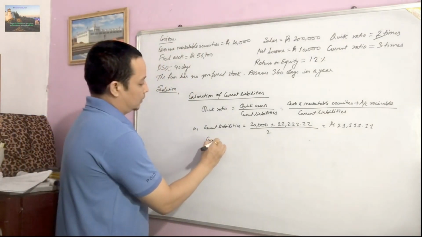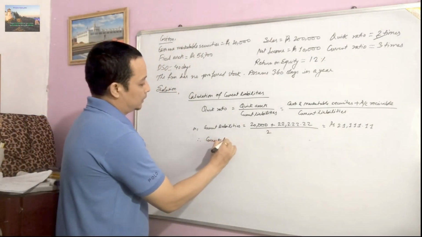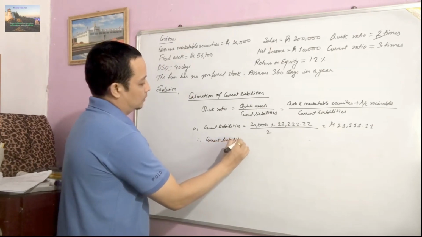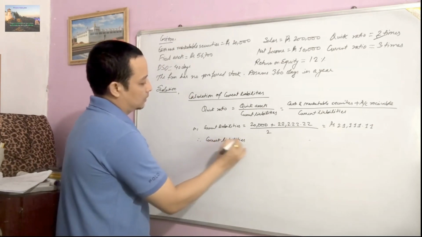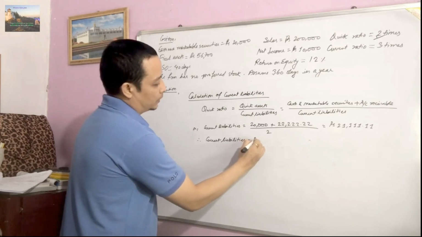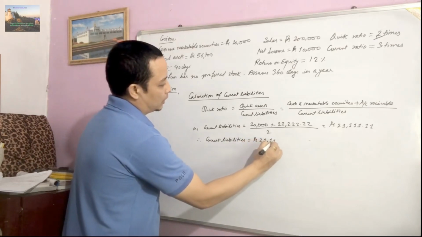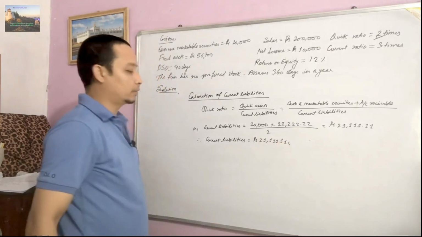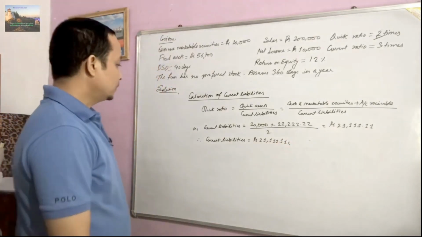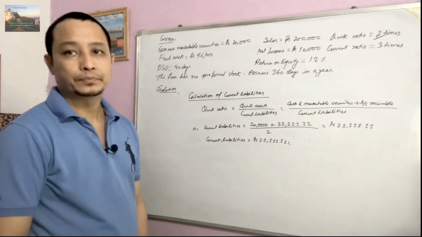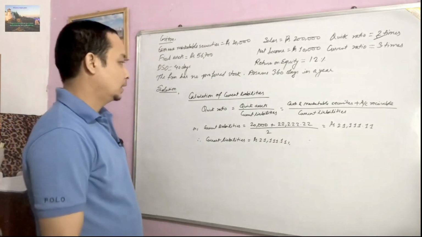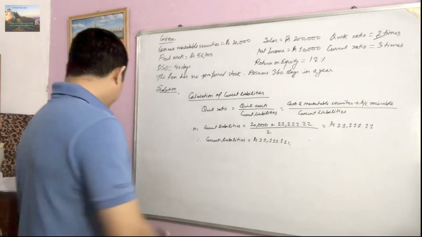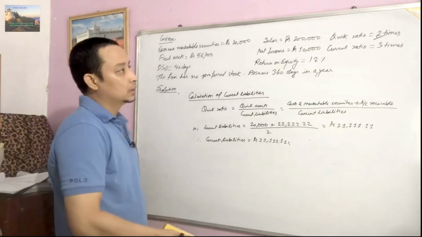So therefore current liabilities equal to rupees 21,111.11. This is your second requirement. Now after knowing the current liabilities, now you can find current asset using current ratio.